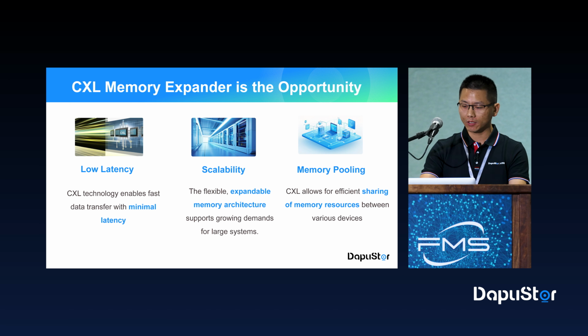Third, CXL supports sharing resources across multiple devices, allowing for efficient sharing and reducing the need for excessive onboard memory deployment. So CXL is poised to revolutionize how we deploy and manage memory in PCIe devices for large systems.